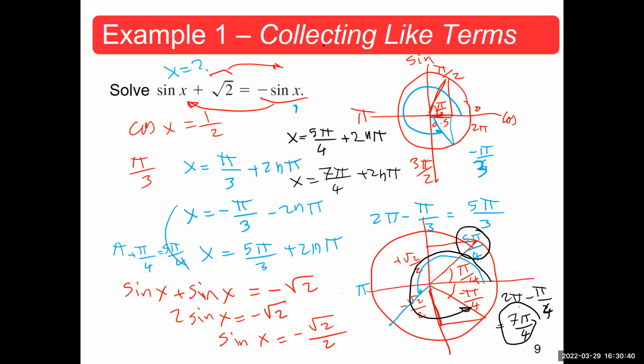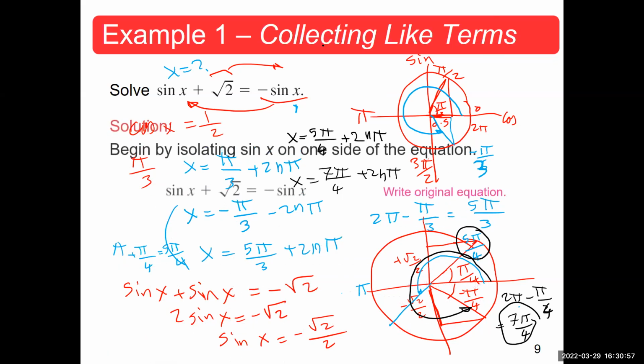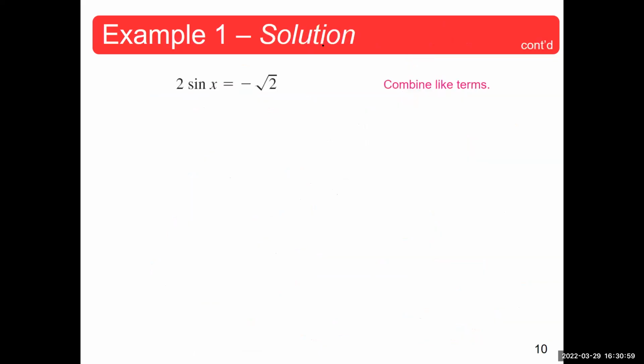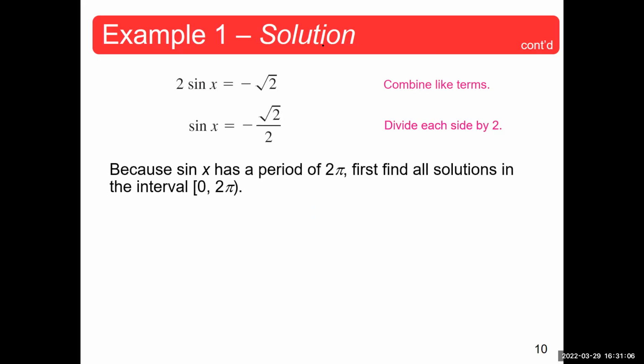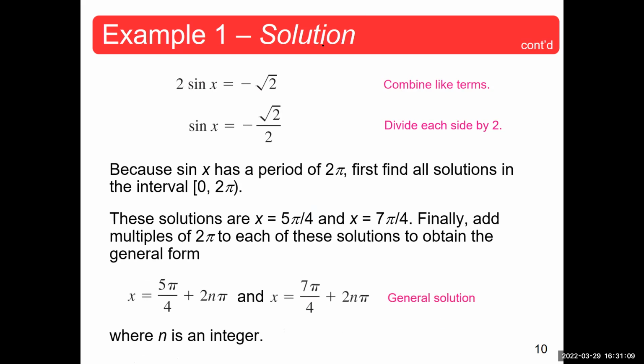You can see it's almost always we have two solutions. You have to do the drawing in order to figure out those two angles. Otherwise, it would be really hard. Or you can go back and look at the circle with the angles. In the book, they just say this as a solution.